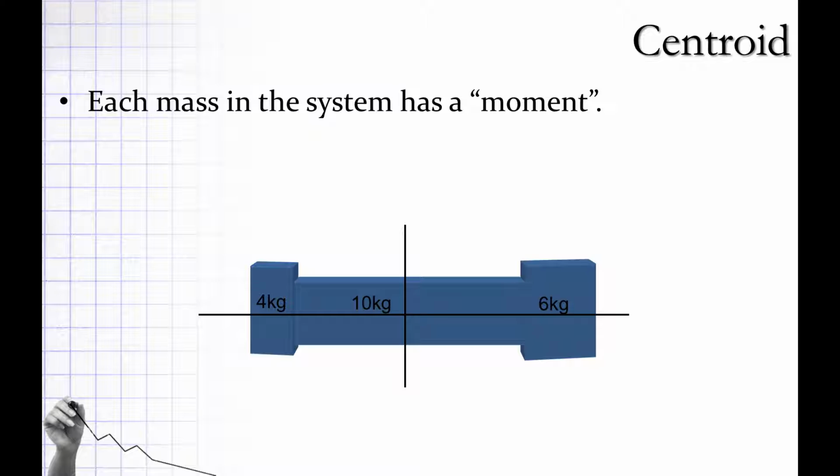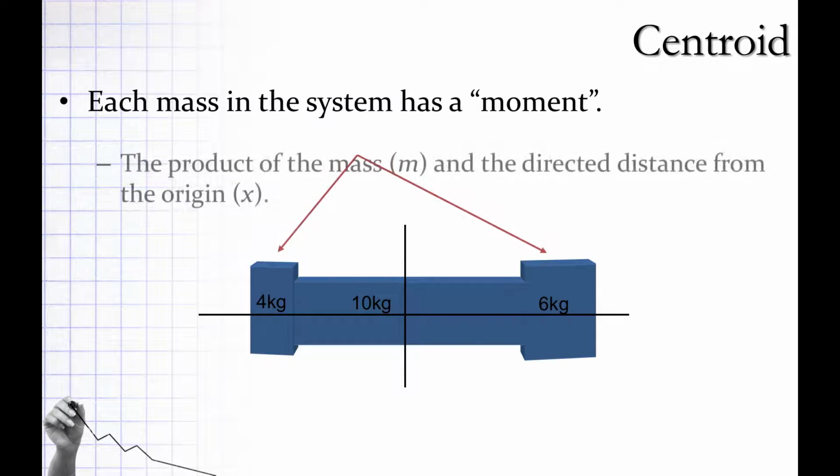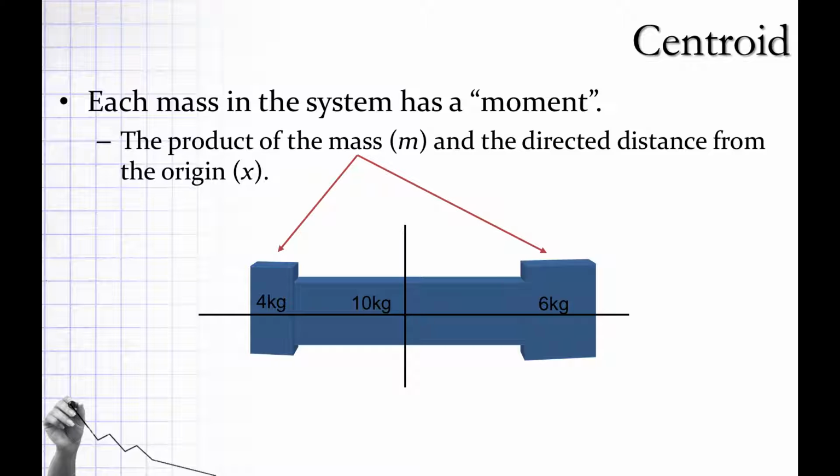So each mass has what we call a moment, and that moment is the product of the mass and the distance from the origin. So mass times distance.